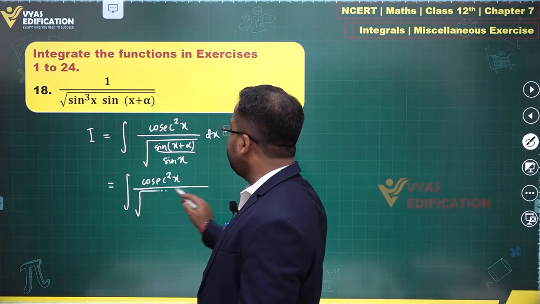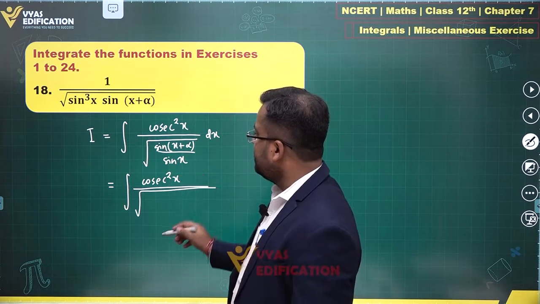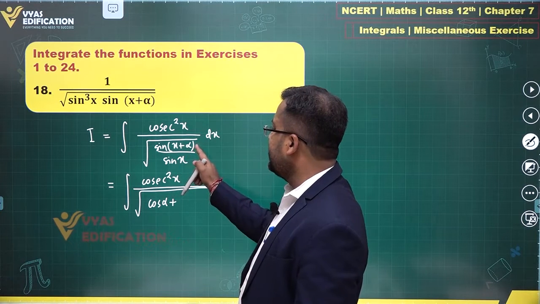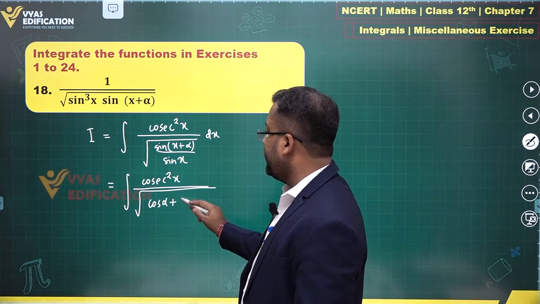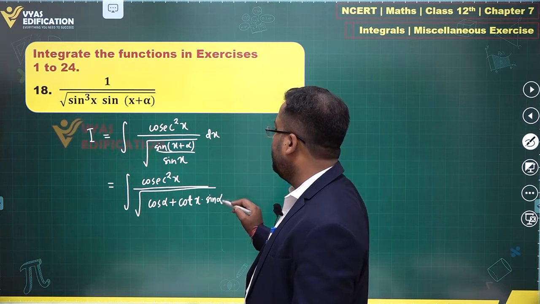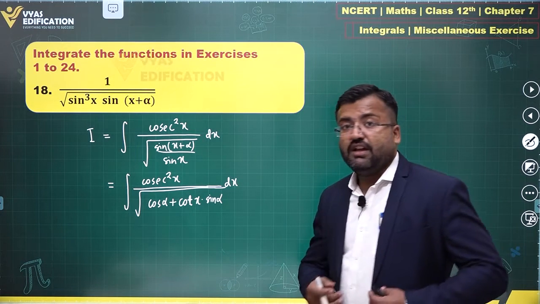The benefit of doing this will be visible evidently. Sine x cos alpha, this sine x goes, so this becomes cos alpha plus cos x sine alpha, and cos x upon sine x is cot x, so cos alpha plus cot x sine alpha.